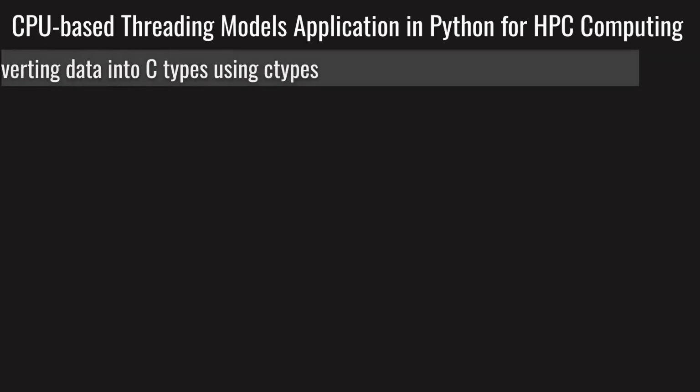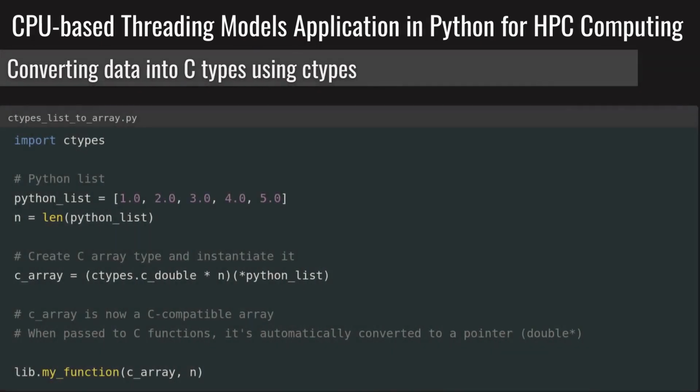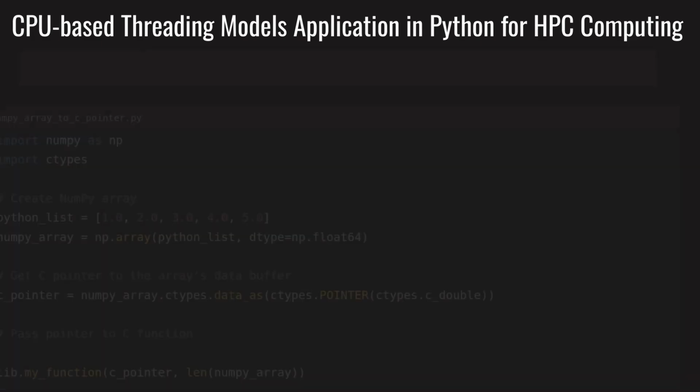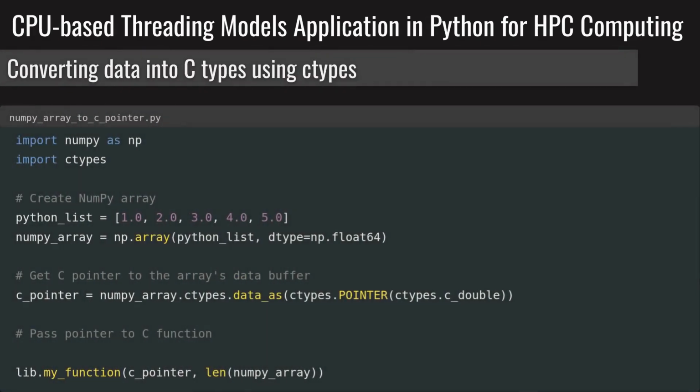Here is an example that shows how to use ctypes type conversion. We illustrate the process of converting a list of data into a C array with double floating point precision. Another example shows the aforementioned interplay between NumPy and ctypes modules.